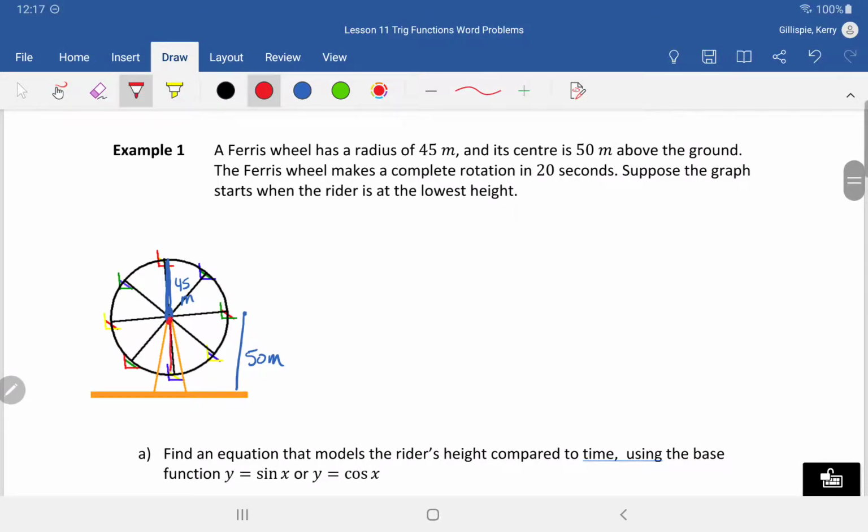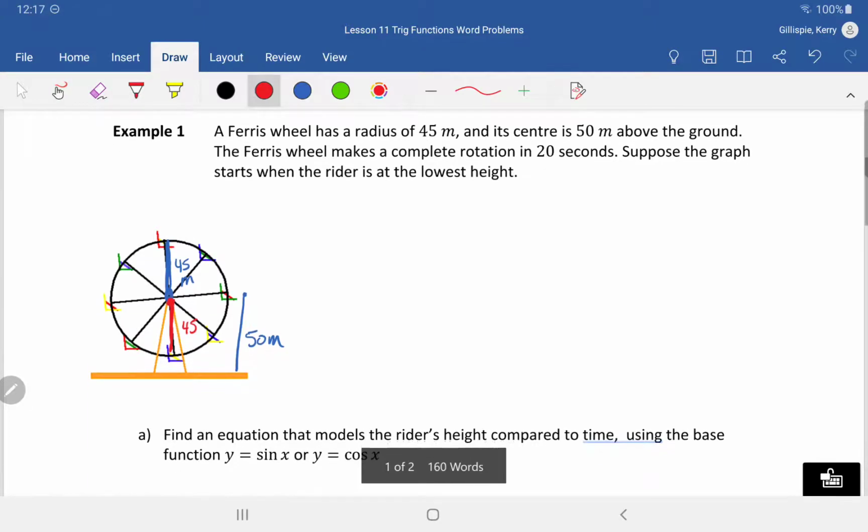If this were 45, the other part of the radius from the center to the bottom of the wheel, then the wheel would have to be just a little bit further above the ground so that this person wasn't scraping the ground on their way through, right? And it tells us one complete rotation takes 20 seconds.